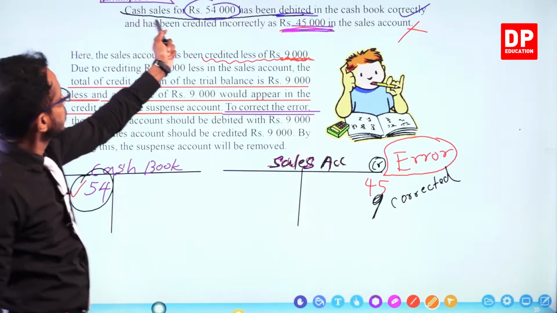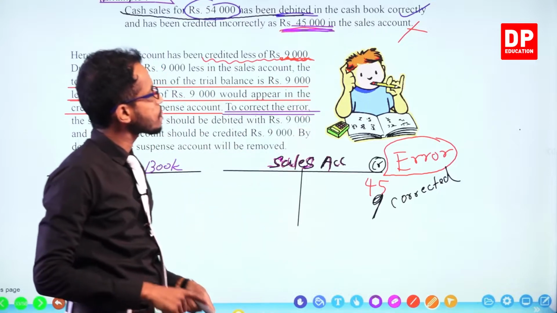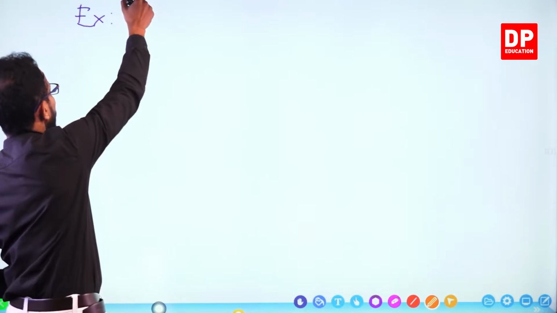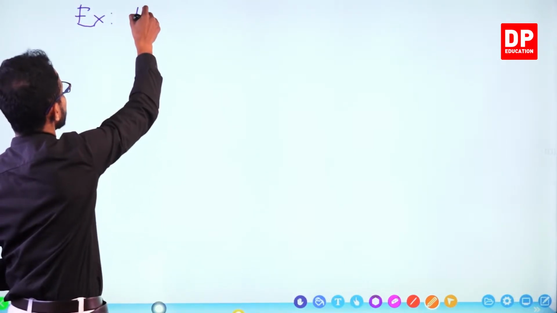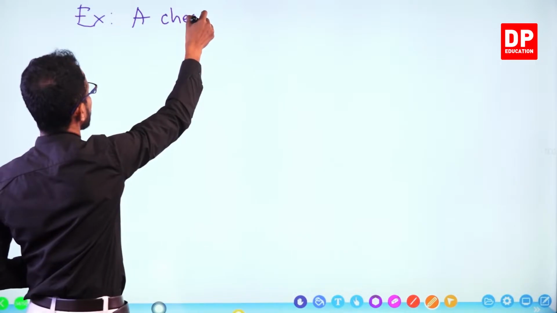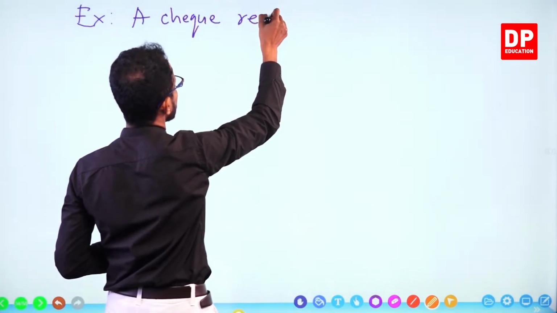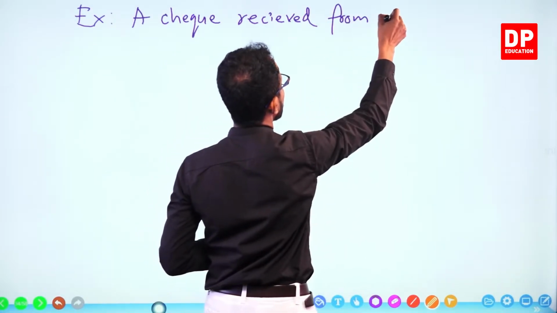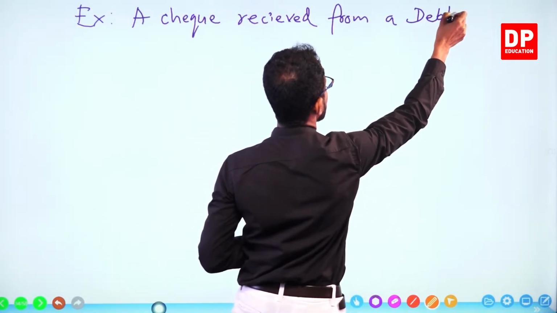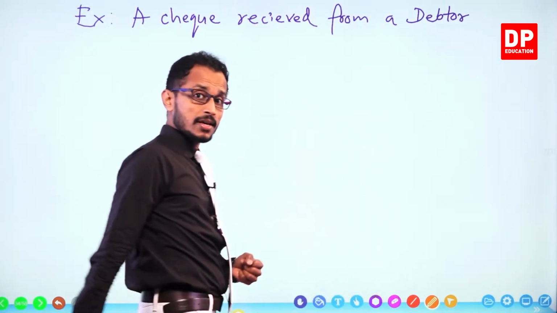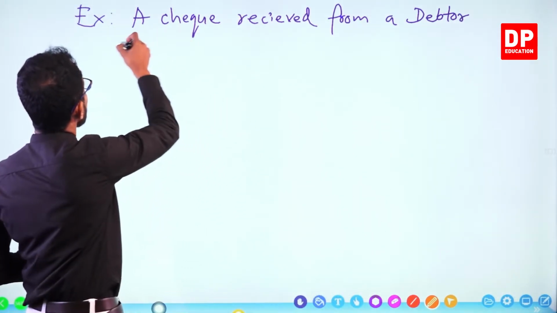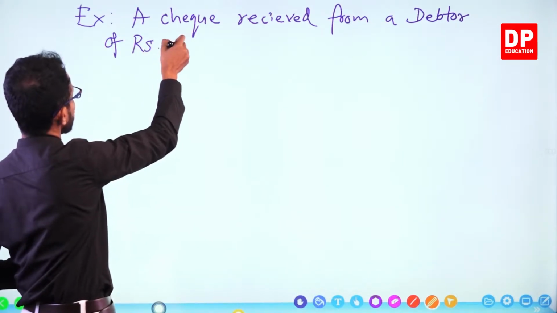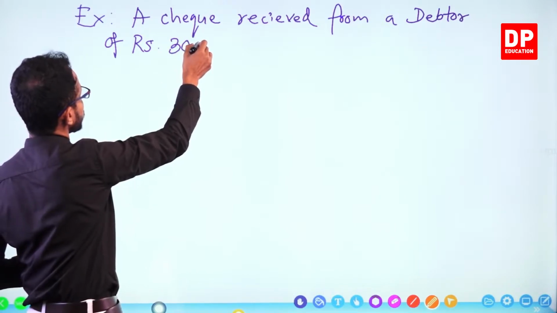Here we had a cash sale. I'm going to give you, let's say, a check received from a debtor. The check is for rupees 30,000.